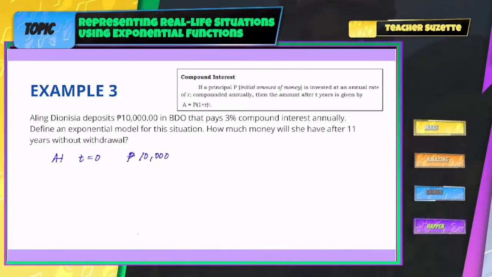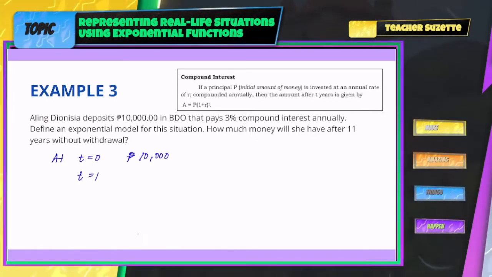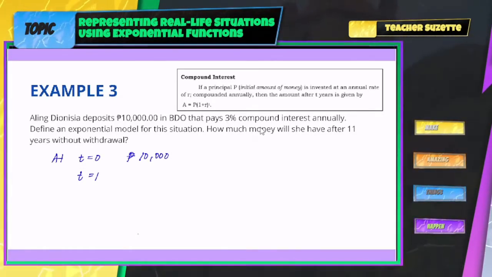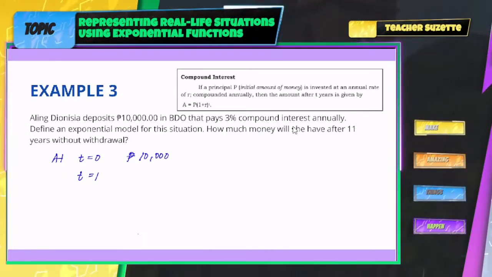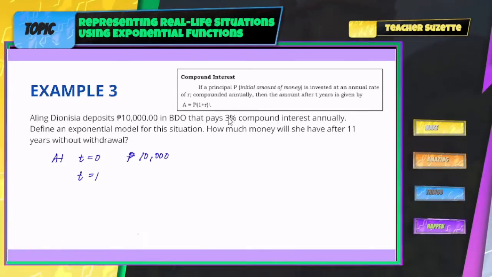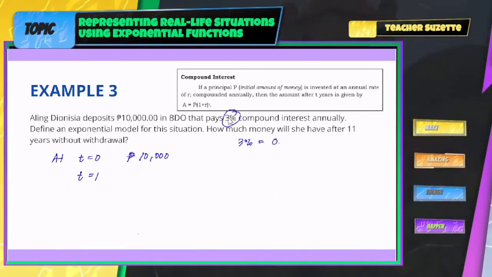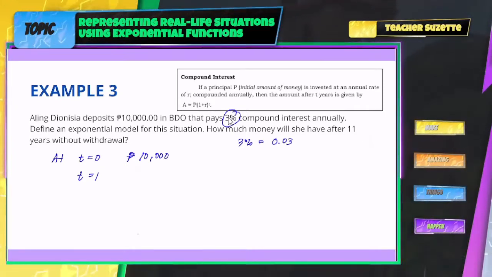So, after 1 year, based on our problem, yung 10,000 niya will be compounded, no? Compounded yung interest annually by 3%. And this 3% is equal to 0.03 in decimal.